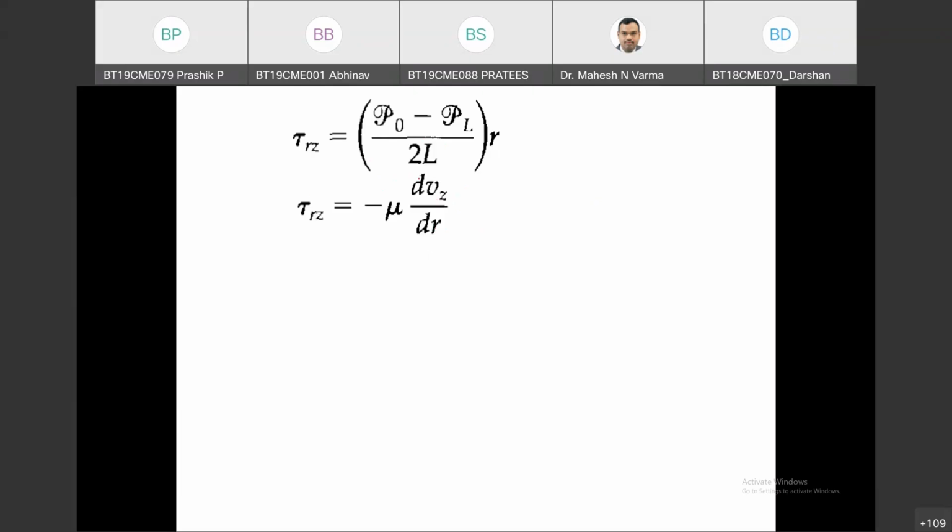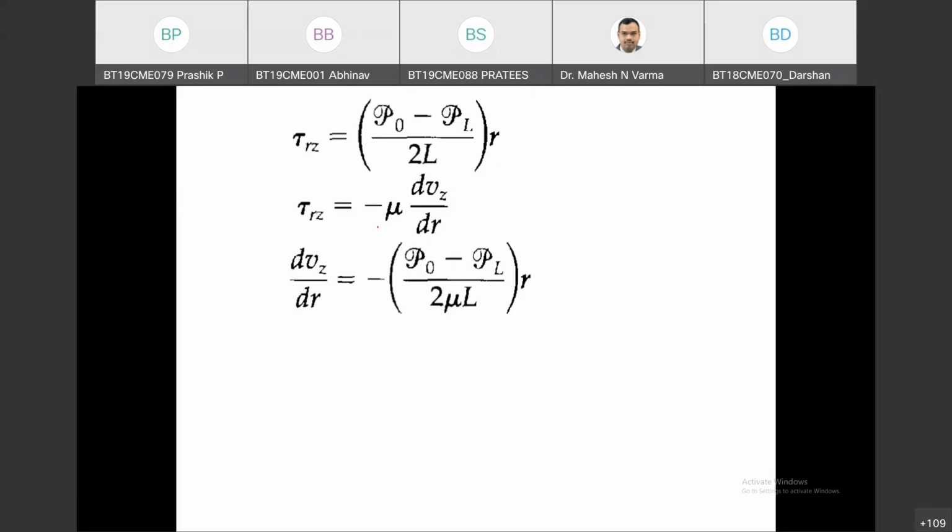Here Vz is related to location, so we can get the velocity profile using this equation. It describes the variation of Vz with respect to r. So substituting this and integrating the equation.